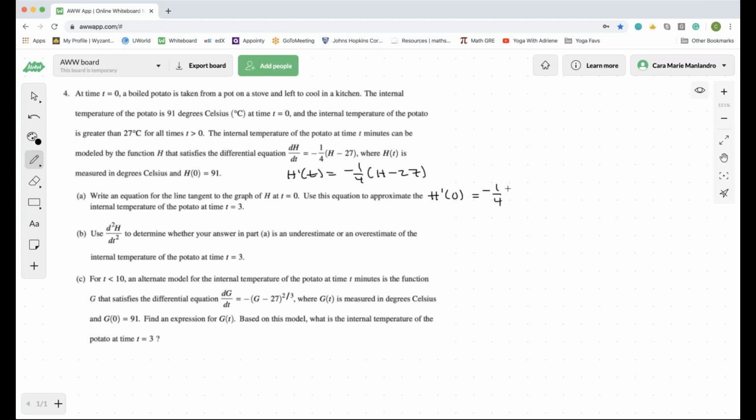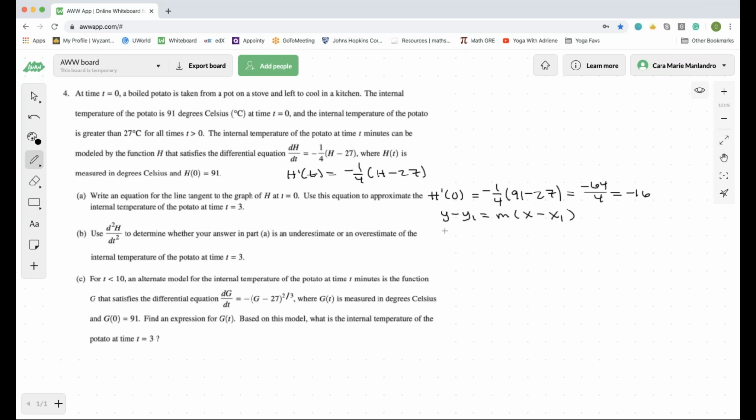So -1/4 of (91 minus 27), and I'm not very good at math in my head, so we're gonna do that on the calculator. -64 divided by 4 is -16. Okay, so there's your slope. And then we can do y minus y1 is m times (x minus x1).